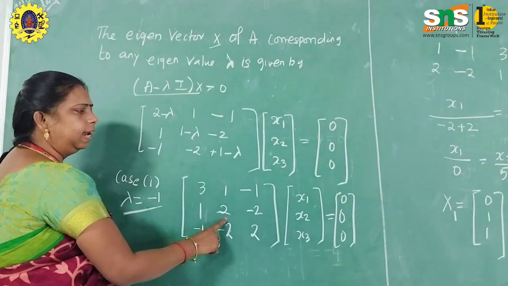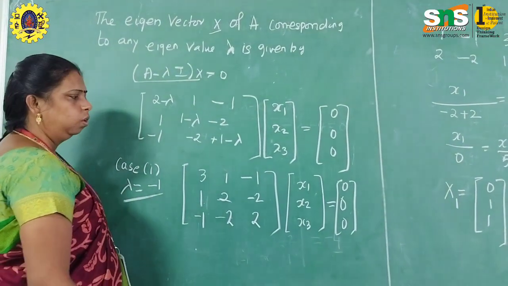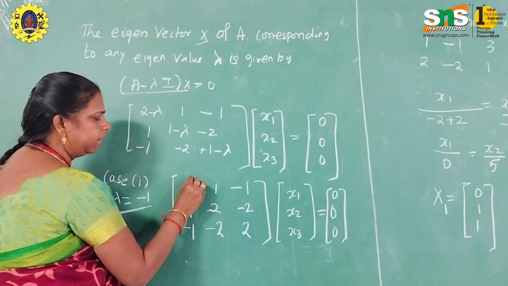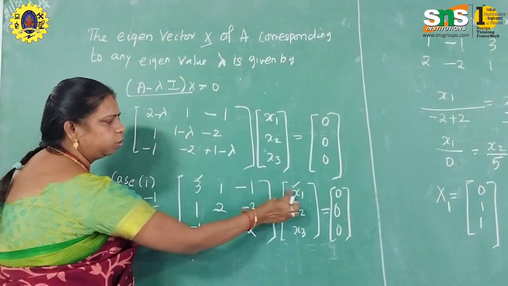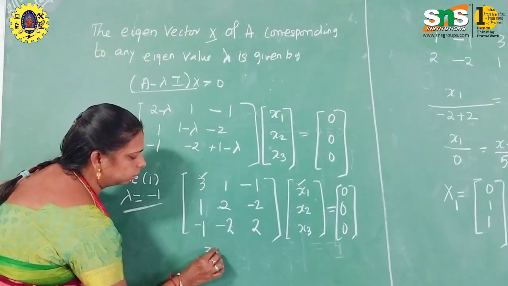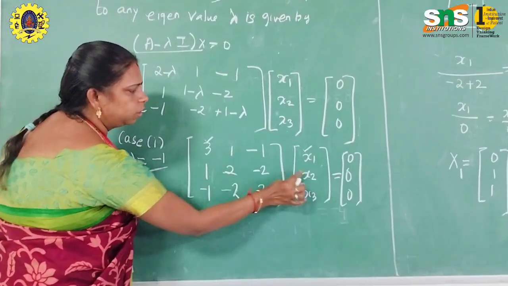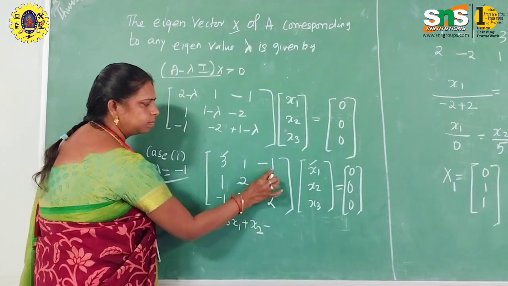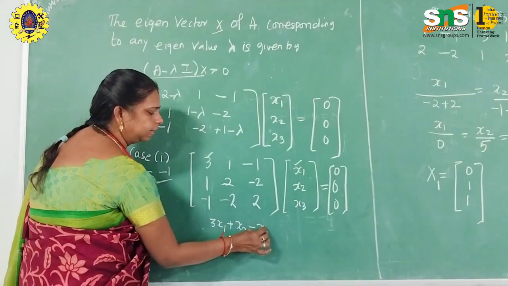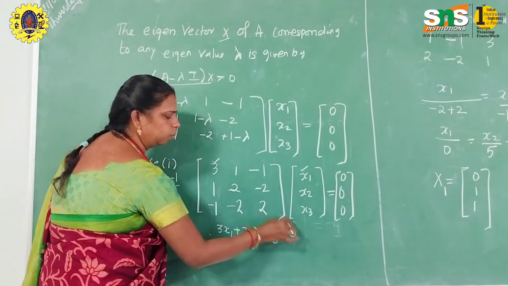So from here I can get 3 equations. How to write the equation? You multiply each element with the corresponding element. 3 into x1 is 3x1, 1 into x2 is plus x2, minus 1 into x3 is minus x3, equal to 0.